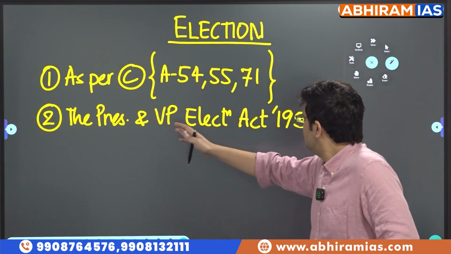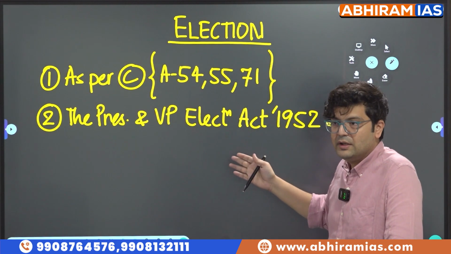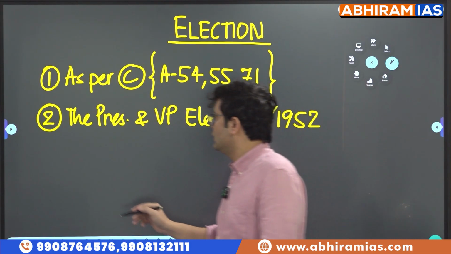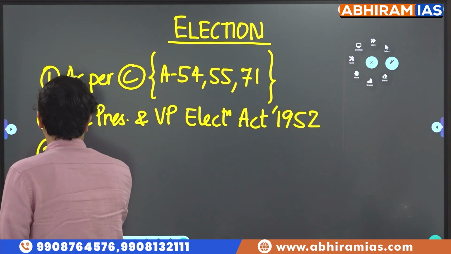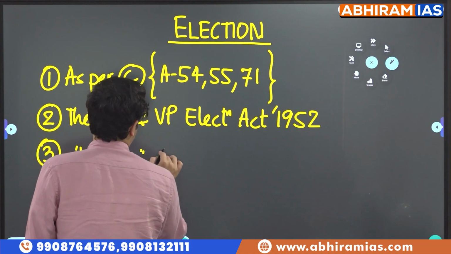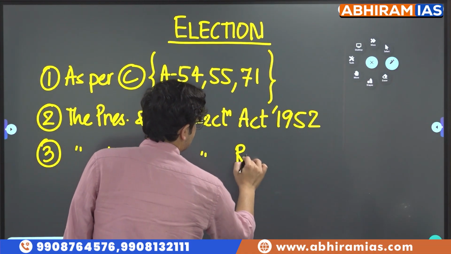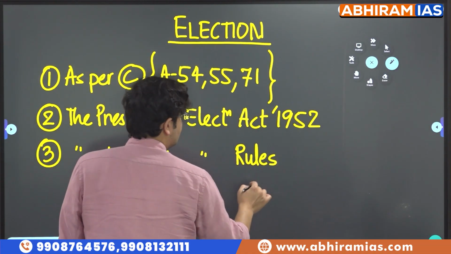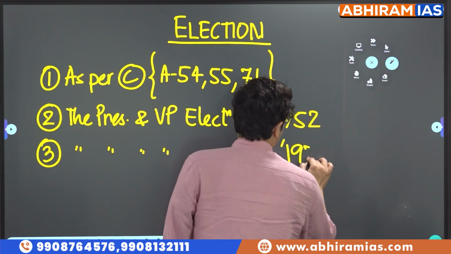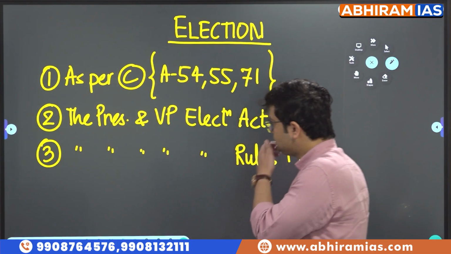Similarly, we have the law and we have rules also. So number 3, the President and VP Election Rules 1974.